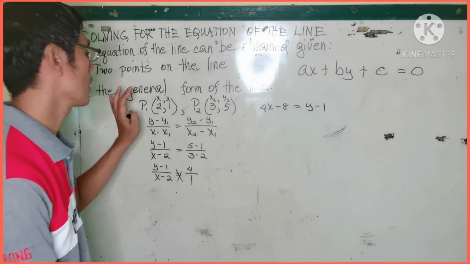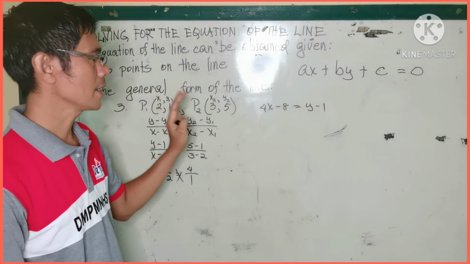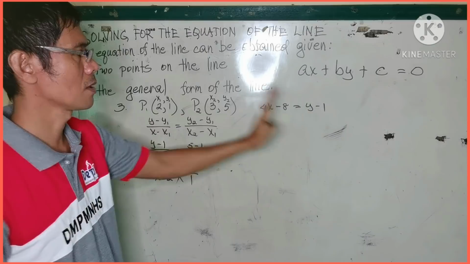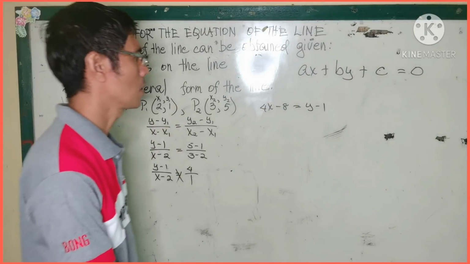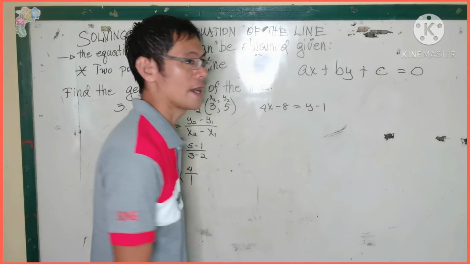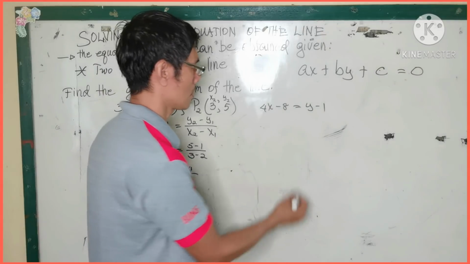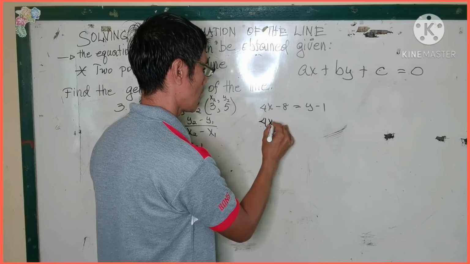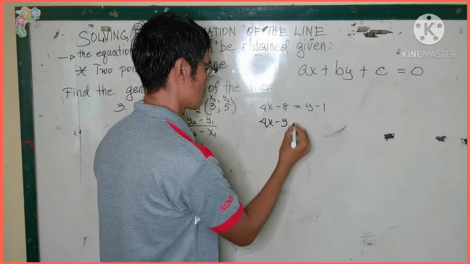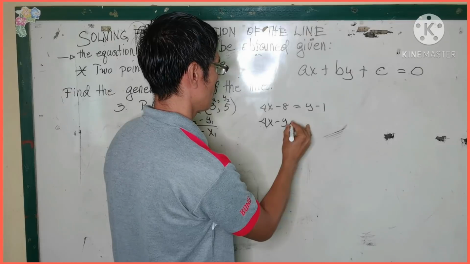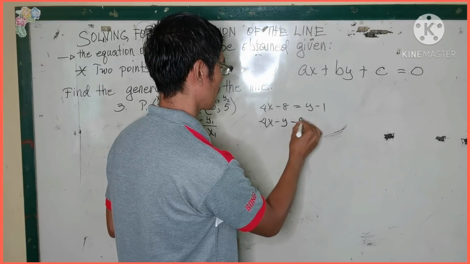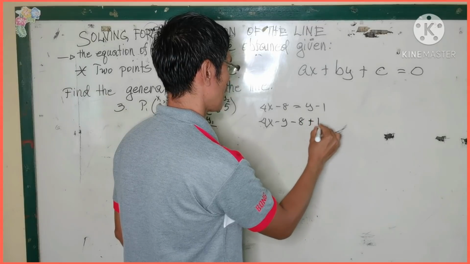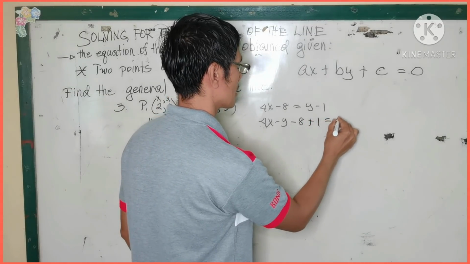Then since we are going to write it in general form, so we have to place all the terms on the left side of the equation. So we have 4x, then yung y magiging minus y, then we have negative 8, then yung negative 1 magiging plus 1 equals 0.